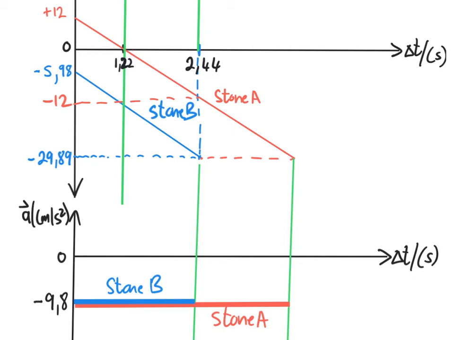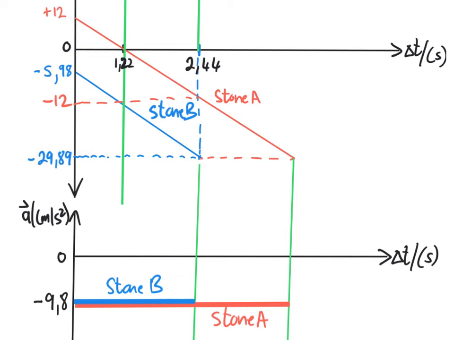Now we've got to be careful. Is the velocity going to be the same? It's not necessarily going to be the same, because it's going to actually be a little bit more, because at the time that it is at the height of h, its velocity downwards is minus 12 meters per second.